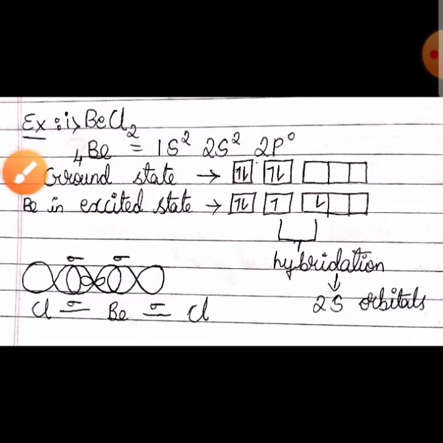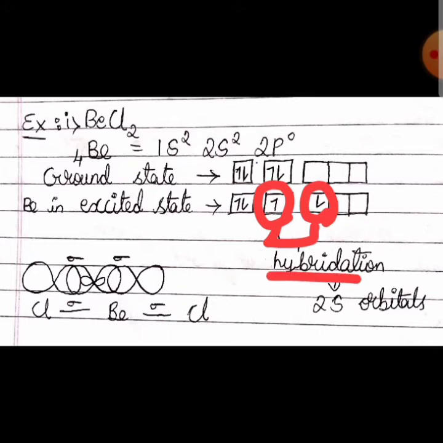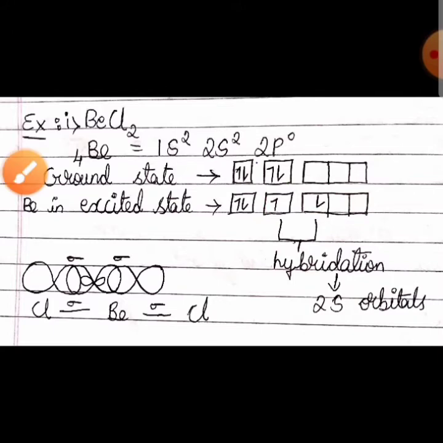After excitation, one s orbital and one p orbital undergo intermixing to form sp hybrid orbitals. One s orbital and one p orbital hybridize to form two sp hybrid orbitals.